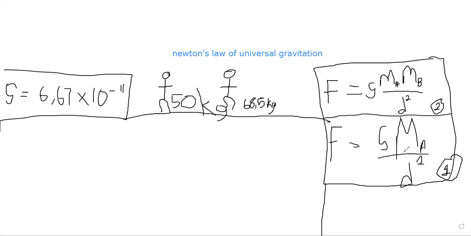So you give me the formula that G equals 6.67 times 10 to the power of negative 11 meters cubed, which is the volume of the object, per kilogram, so volume per mass per second squared.